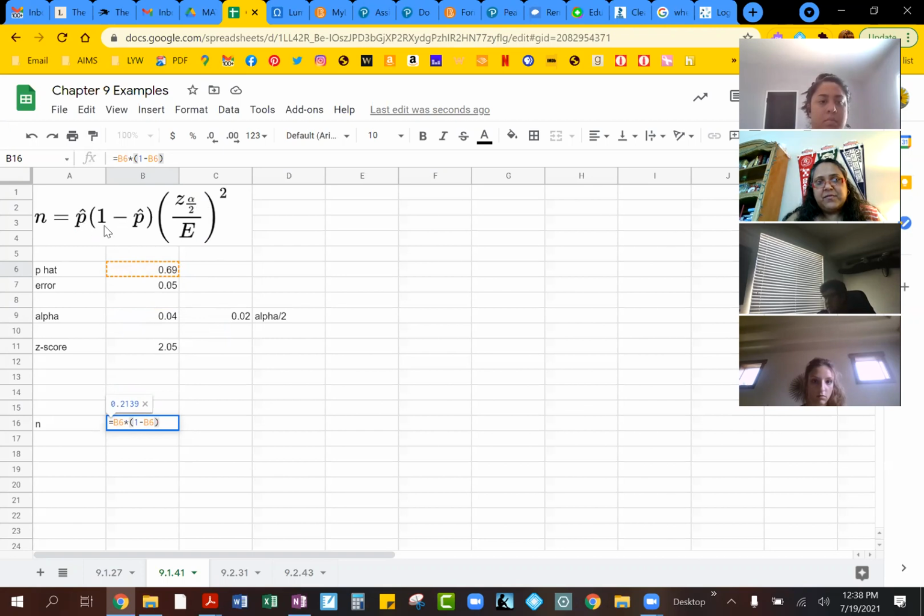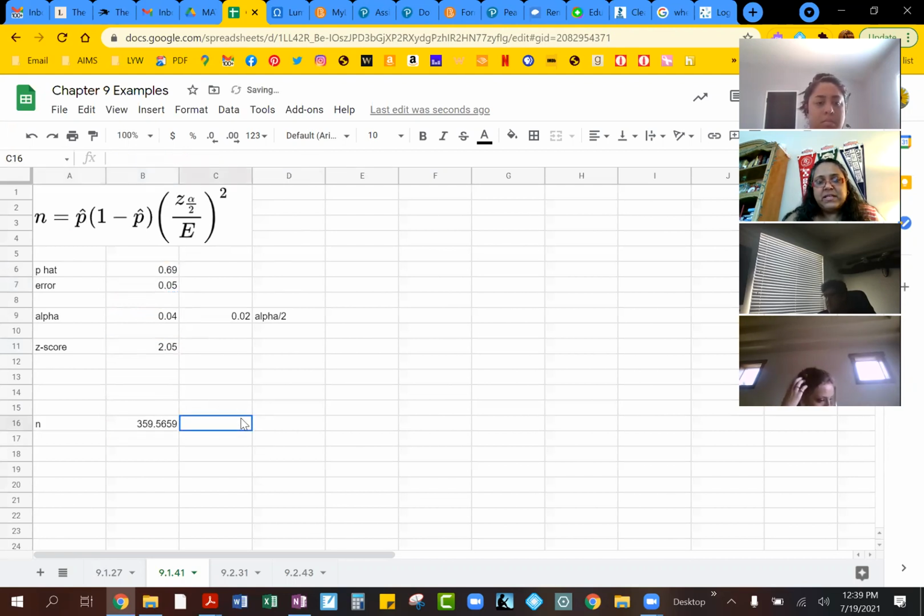That takes care of the first 2 parts. Then you're multiplying by, in parentheses, your z-score, which was the 2.05, divided by your error E, which is the 0.05, close parentheses, and then you raise it, using the caret symbol, to the power of 2.